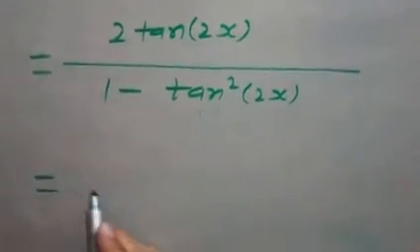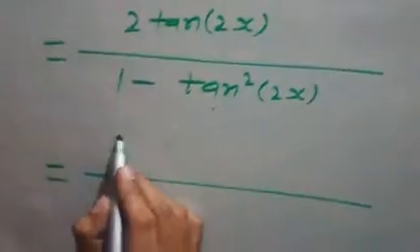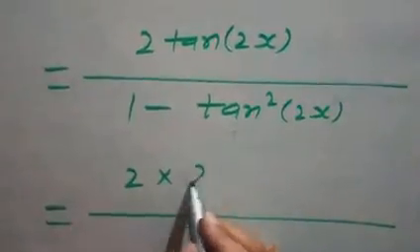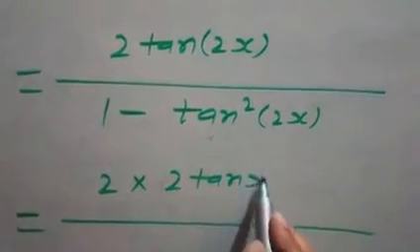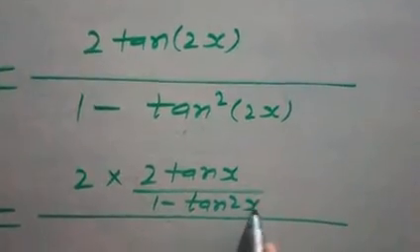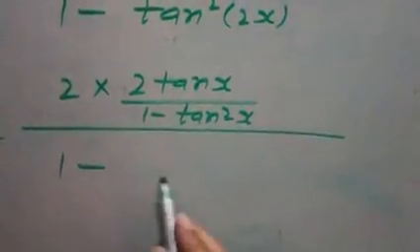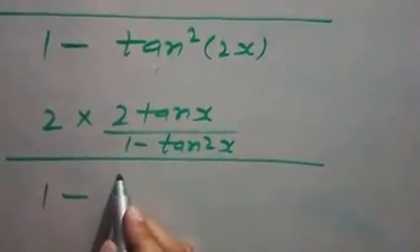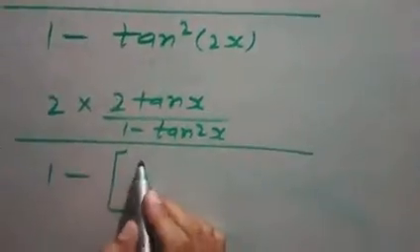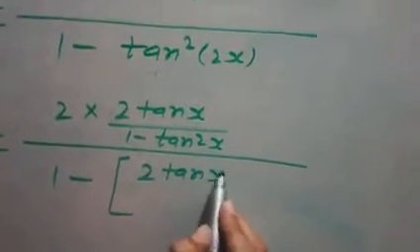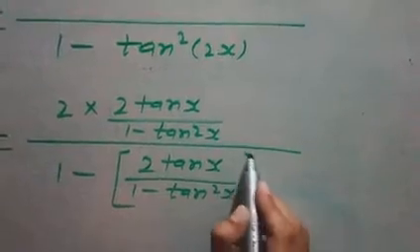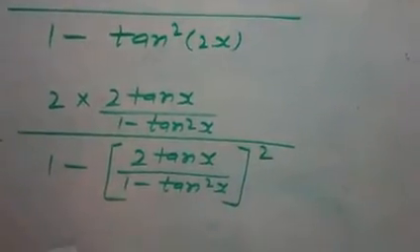So 2 into, now again we have to apply the formula tan 2a, that is 2 tan a upon 1 minus tan square a, meaning tan square x. Here 1 minus, we can write the tan 2a formula, that is 2 tan x upon 1 minus tan square x, and here is whole square.